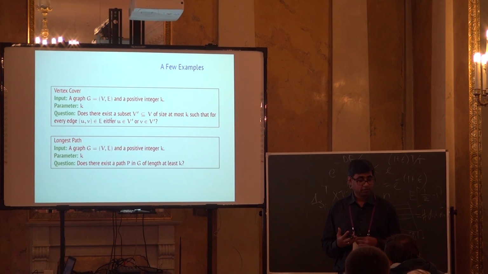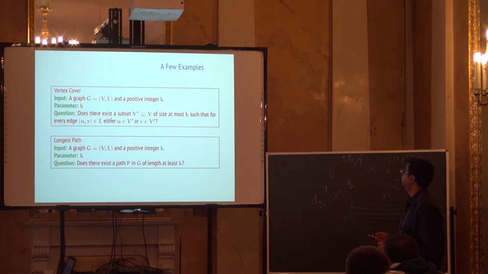In fact, we can show for several problems that some particular running time, like n choose k, is optimal, of course under some complexity theory assumption. Sometimes we can say that an algorithm running in time 2 to the power k exists, but 1.999 to the power k is not easy to obtain unless some bad things happen. And we'll see what these bad things mean as we go forward.